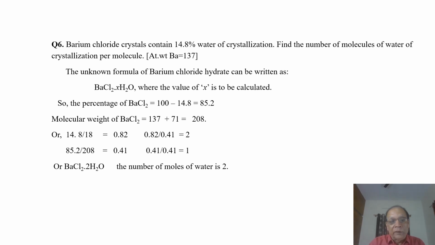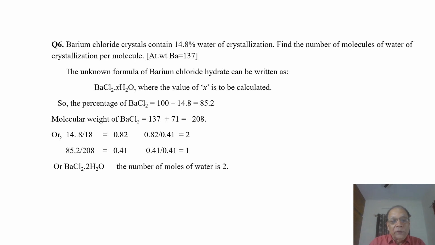Now, using the percentages to find the number of units that will be present, we have 14.8 divided by 18, which is 0.82, and 85.2 divided by 208, which is equal to 0.41.